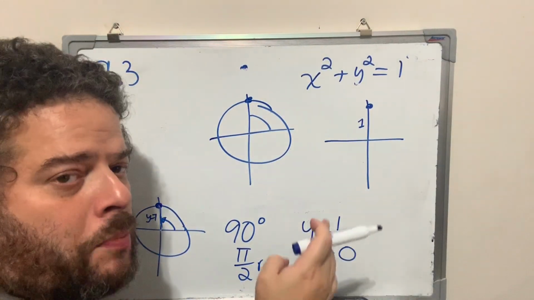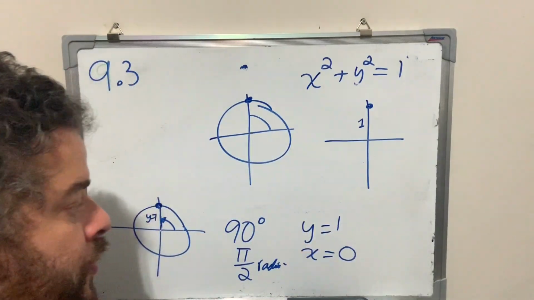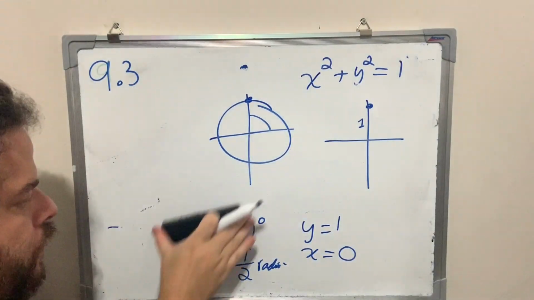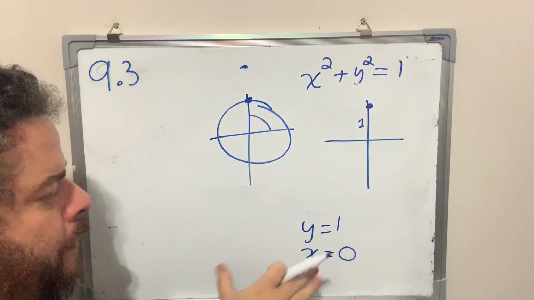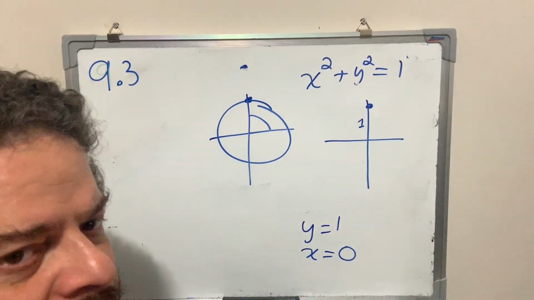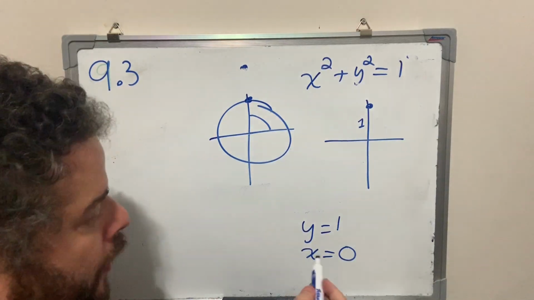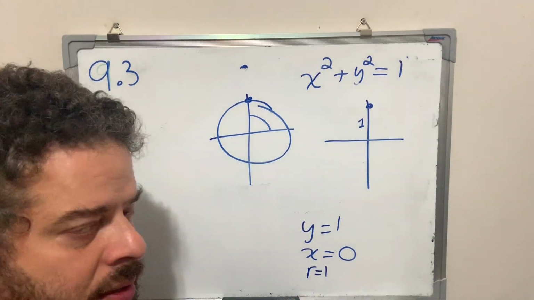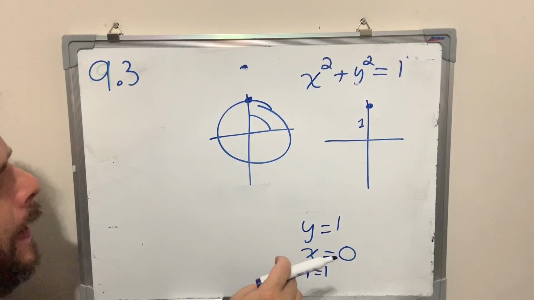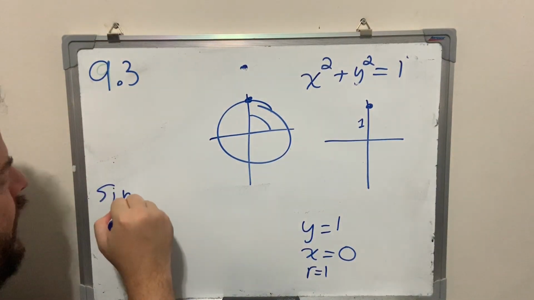Now, if I were to use my identities with these values, let's see what happens. I know that my y is 1 and my x is 0. And I also know that the radius is always going to be 1 because it's the unit circle. Let's go over sine.